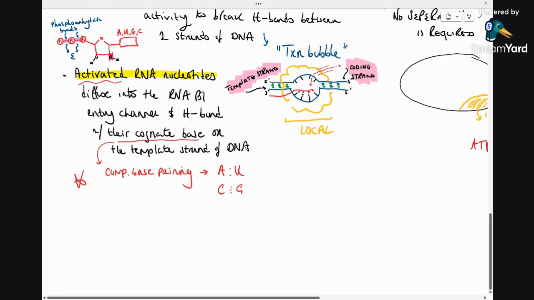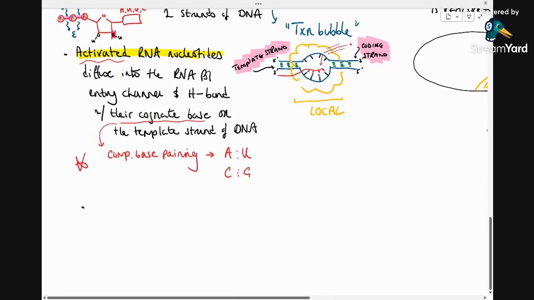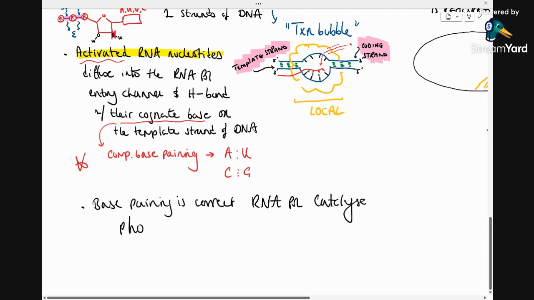Anyway, once this happens, if the base pairing is correct, then RNA polymerase will catalyze the formation of a phosphodiester bond.